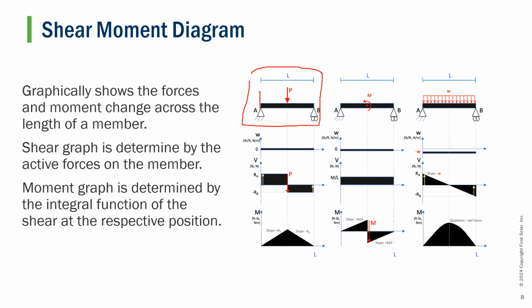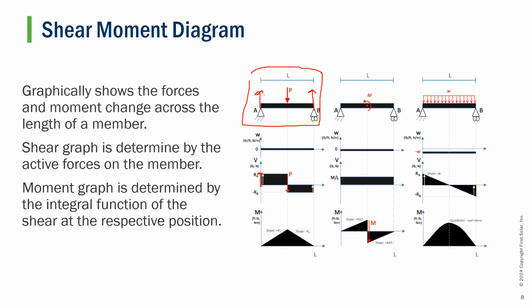So we see that force AY will be straight up at the beginning of the beam. Force BY will go straight up at the end of the beam. So our shear graph will begin with a shear load equal to the magnitude of AY at the beginning.